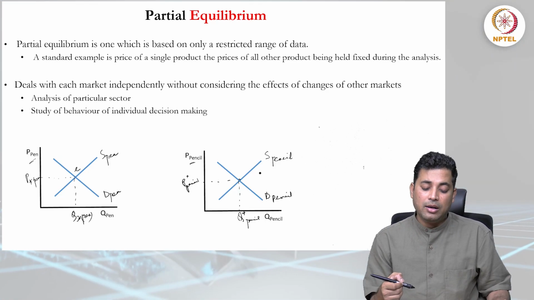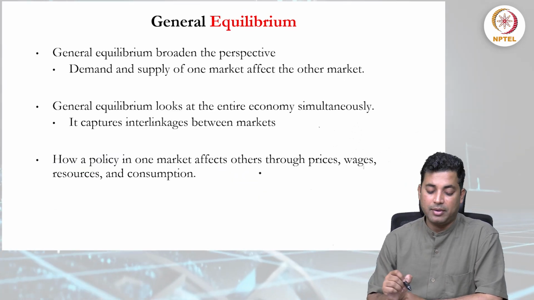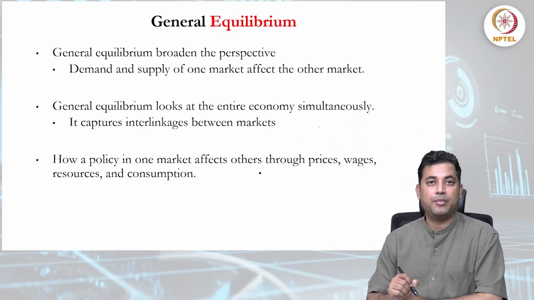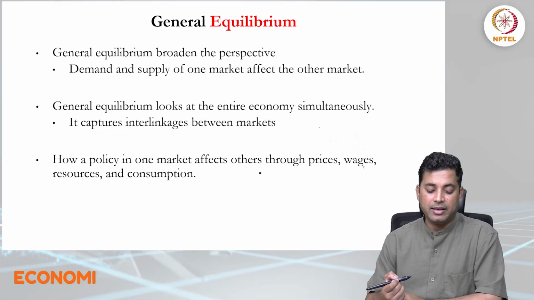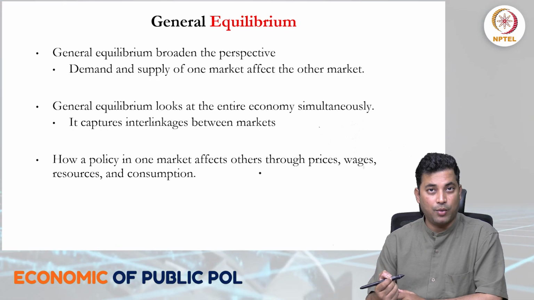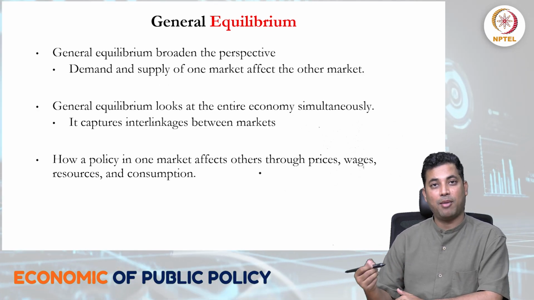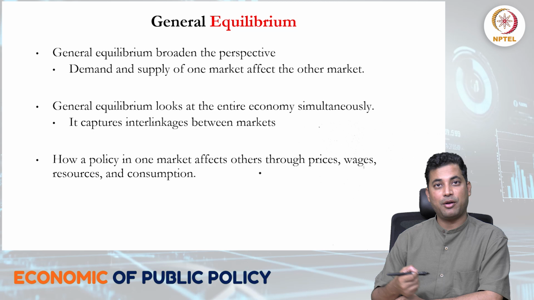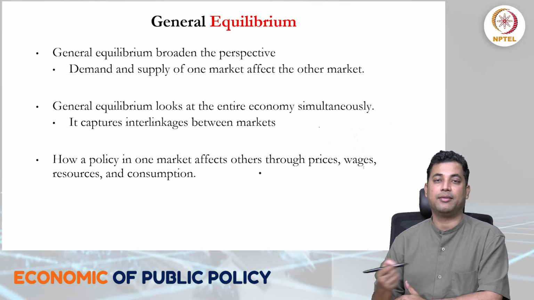So now moving to the general equilibrium. The general equilibrium approach is basically that demand and supply of one market, like demand for pen or demand for pencil and supply of pen or supply of pencil, affect the other market.